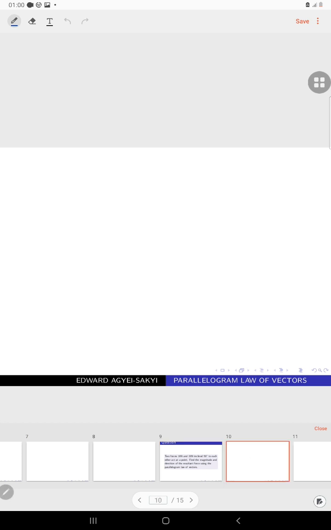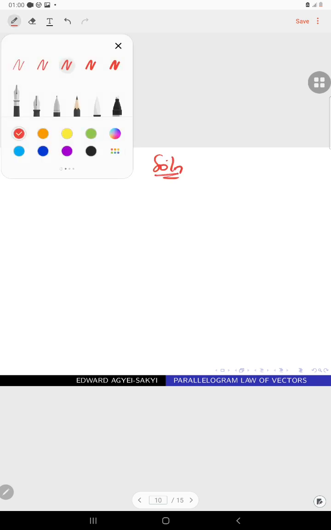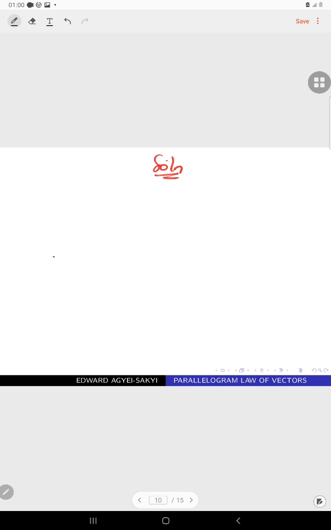So I said two things in our previous lesson concerning the law. How do we draw the vector diagram? By letting one lie horizontally, any of them. So here the angle is acute, so I can choose any of them. Let me choose 20 to lie here, then 18 to lie here.